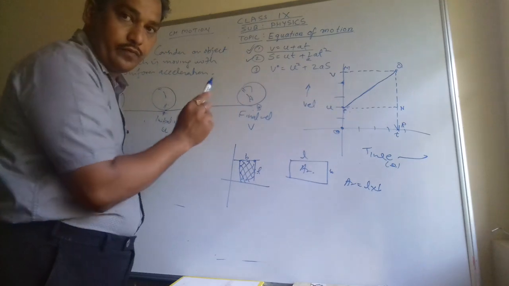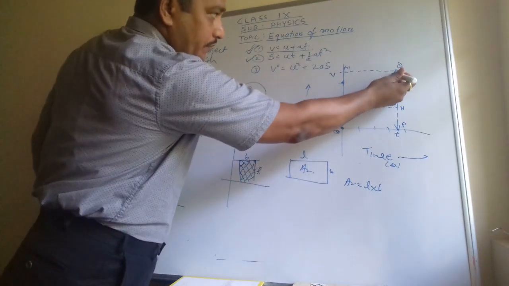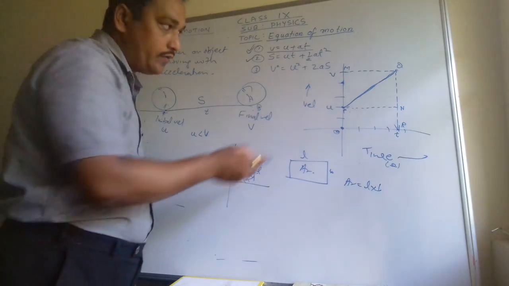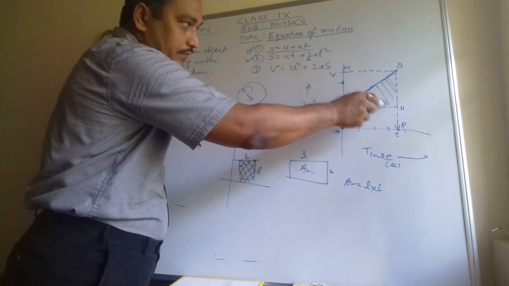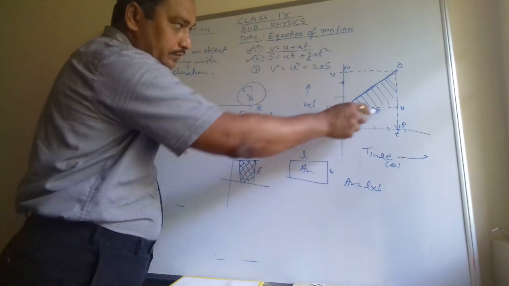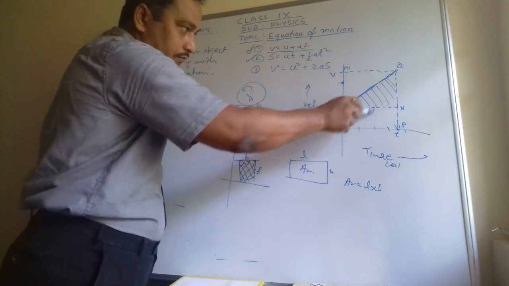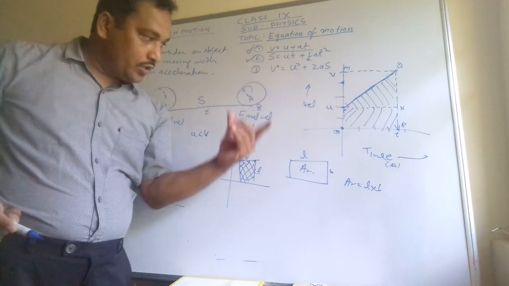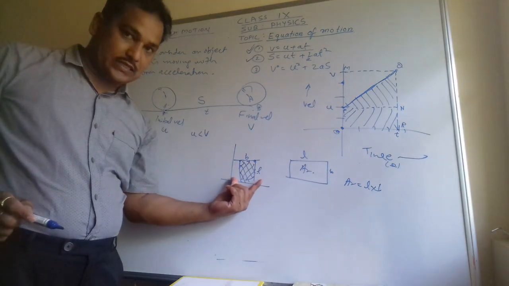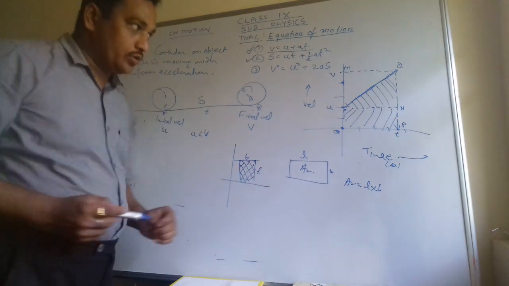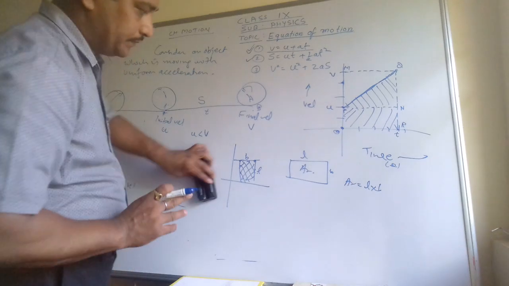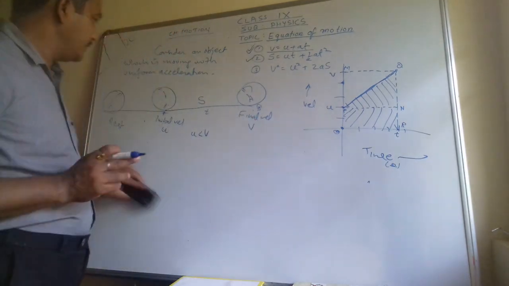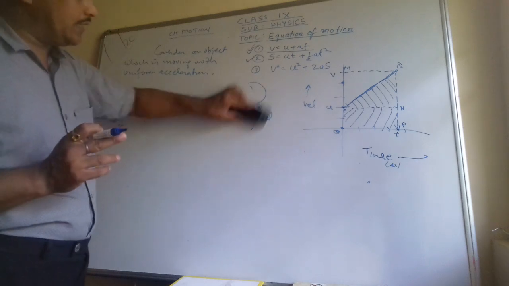This is the graph we have plotted. Okay. So the area under this graph will be the shaded part. The area of this shaded part will be the distance covered, as you are aware. So let us do that. And why is it like that?